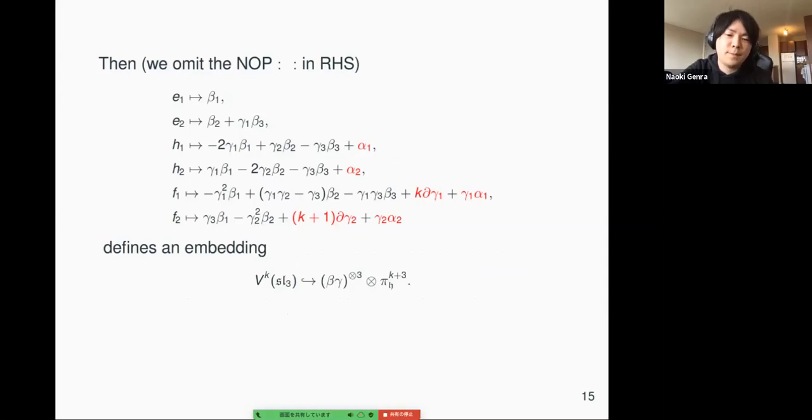In the same way. And this defines an embedding of affine SL3 into beta gamma tensor 3 tensor Heisenberg by this algebra. This is a recipe to construct such an embedding. You only need to decide these coefficients, but the other part is the same as I explained for any Lie algebra G.